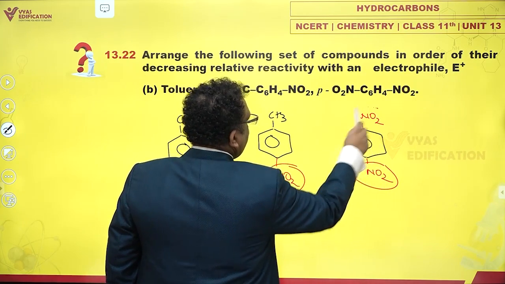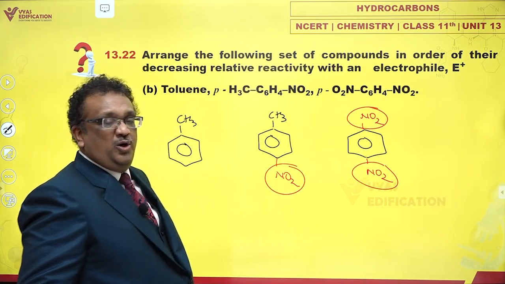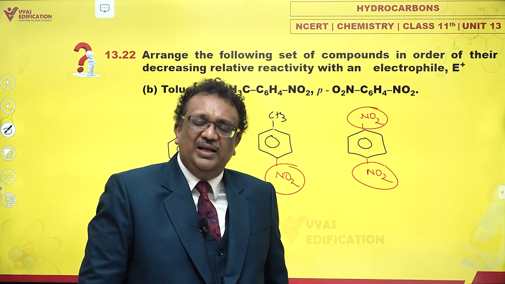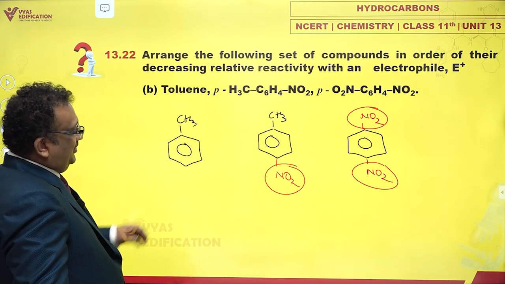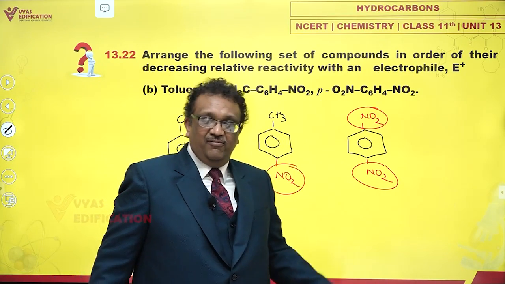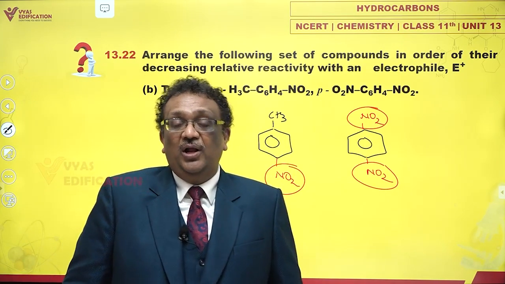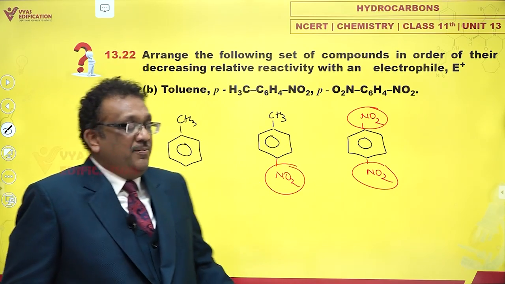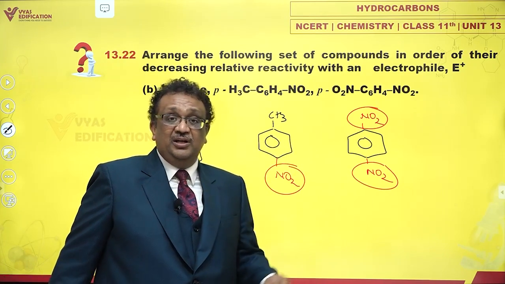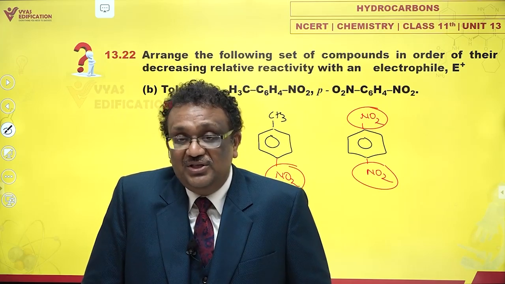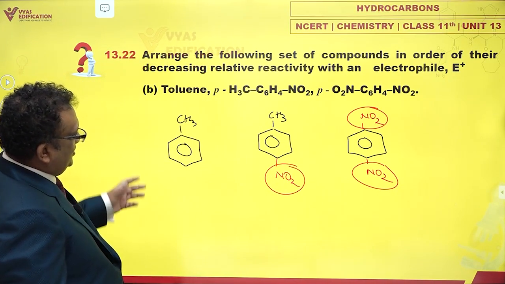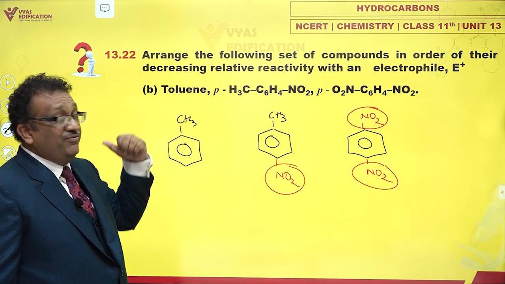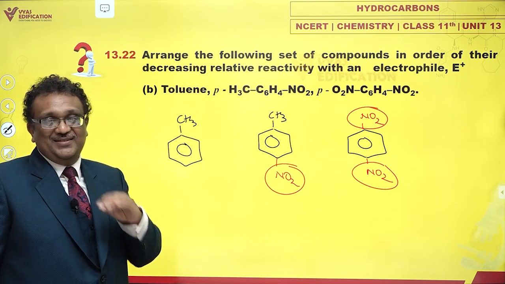Nitro. 1 nitro or 2 nitro groups. What exactly happens with these nitro groups is that they withdraw electrons away, and when they withdraw electrons away the benzene ring becomes electron deficient, and as the benzene ring becomes electron deficient, you find that its reactivity with electrophiles decreases.